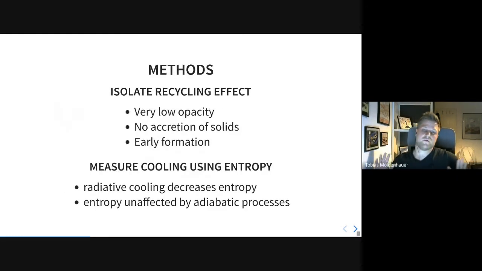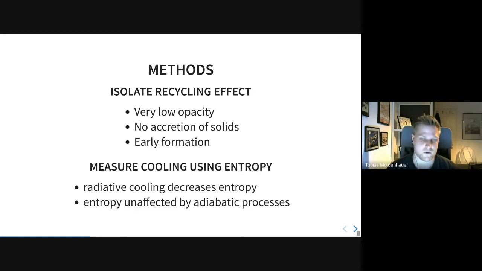Now this is just for you to have an overview, the sketch, how this recycling process comes about. And now to analyze the recycling effect, we want to isolate it. So what we do is we use a very low opacity, an artificially low opacity, so that it's definitely not the opacity that halts Kelvin-Helmholtz contraction. So the atmosphere can very easily radiate away energy and therefore contract.